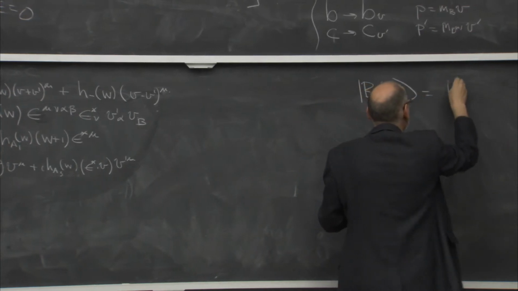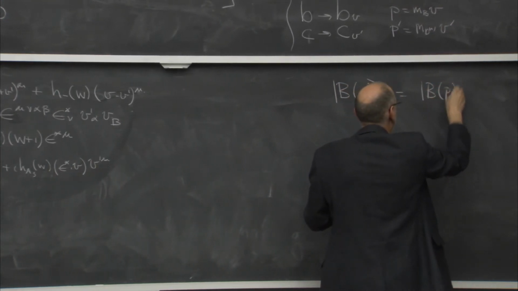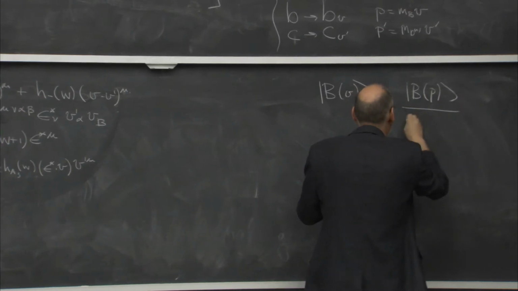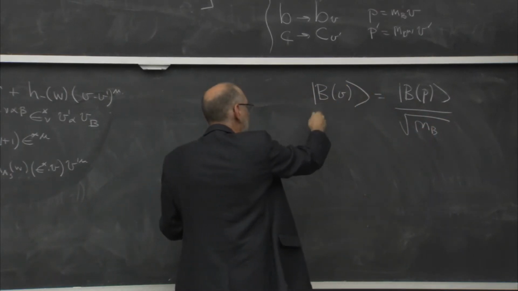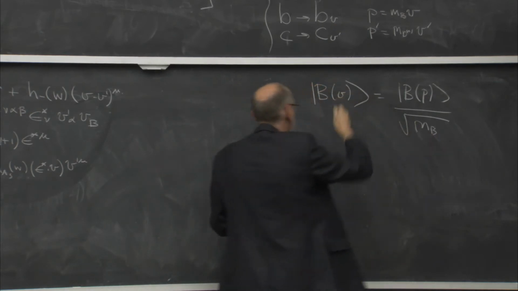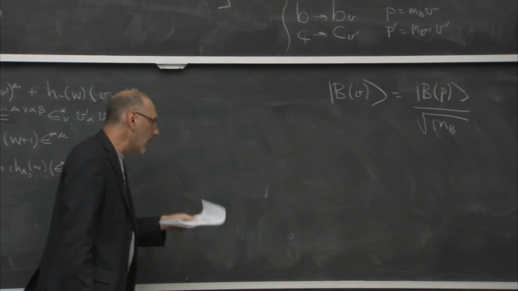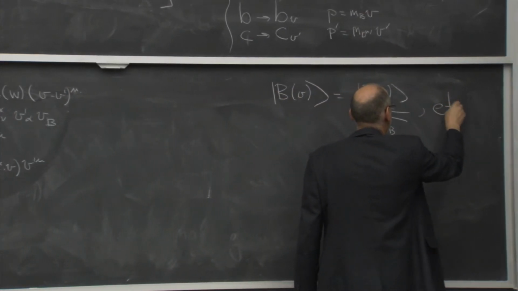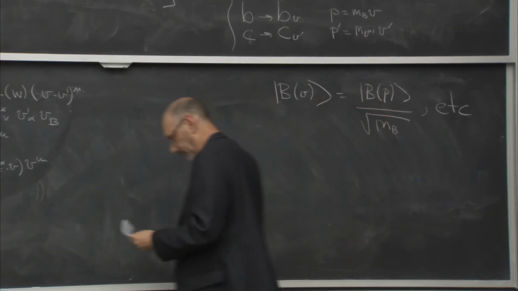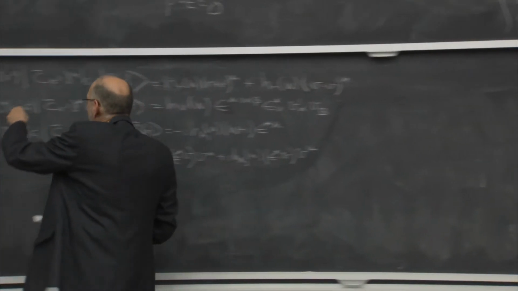That would be the usual one. And then I'm going to divide by the square root of the bottom quark mass, so of the B meson mass, so this left-hand side doesn't have any quark mass dependence, and similarly for the other ones. So I'll just put etc. So now I've got the left-hand side.